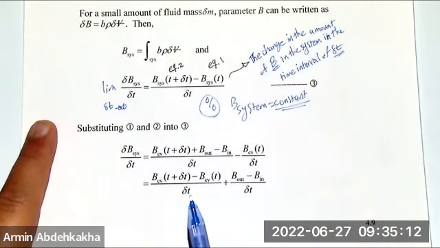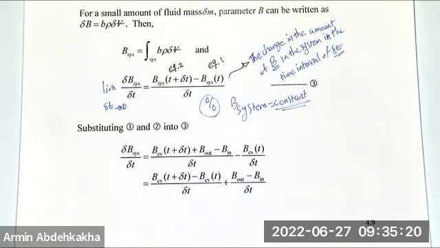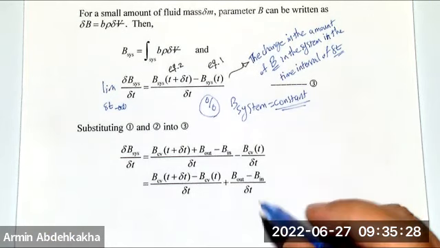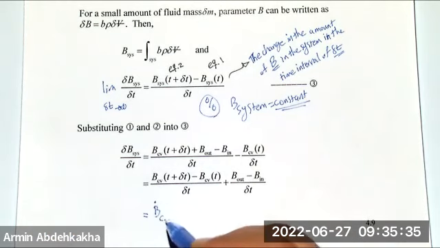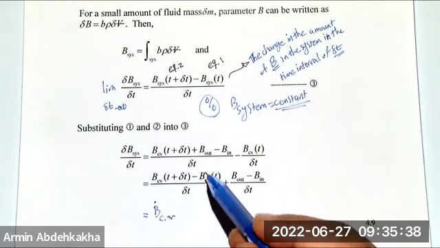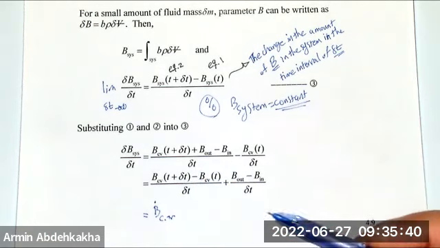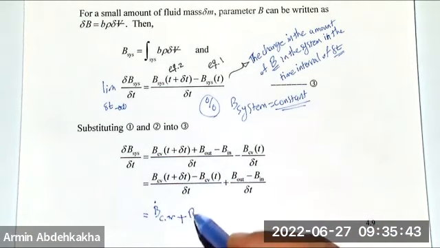Now it is connected to the change in the amount of B in the control volume in the delta t interval, right? That's why these two are connected to each other, okay? So I can write that here as well, this is going to be your B dot of control volume, and based on this, if you take the limit, then plus B dot out minus B dot in.